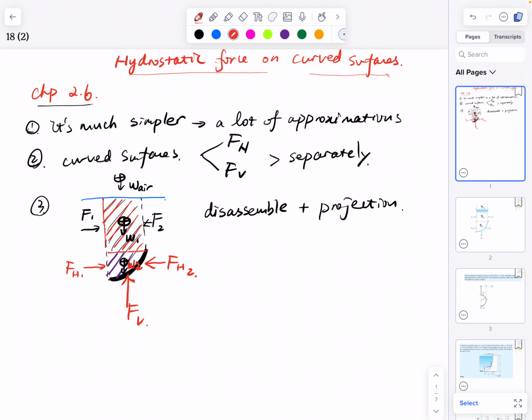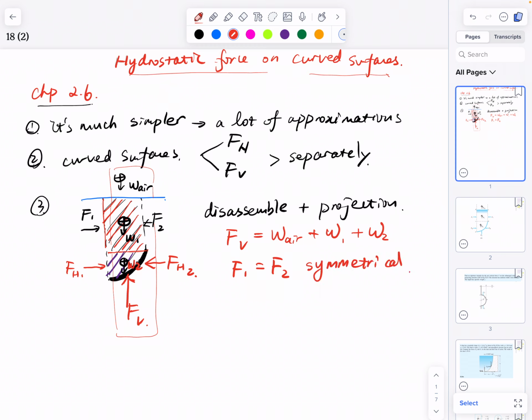Then if we take a look at all the forces in the vertical direction, we have FV equals weight of air plus weight 1 plus weight 2. Right, this is for vertical balance. Then for horizontal force, we think that F1 equals F2 because they are symmetrical, right?